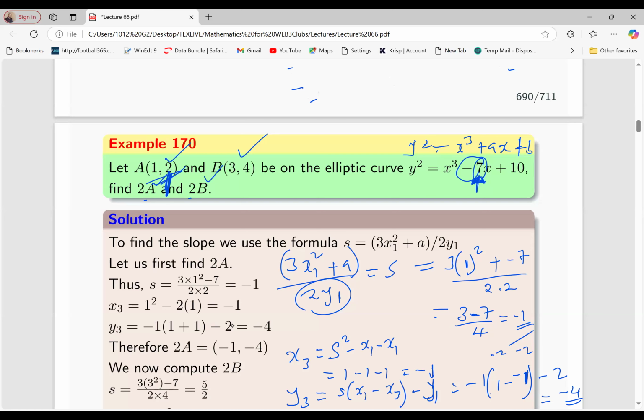Then minus that 2 gives you -4. So the new coordinate, when you add A plus A, is x3, which is -1, and y3, which is -4.